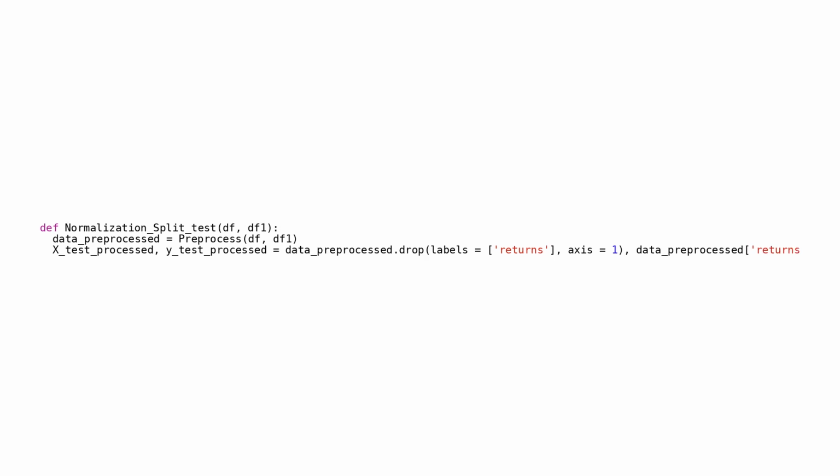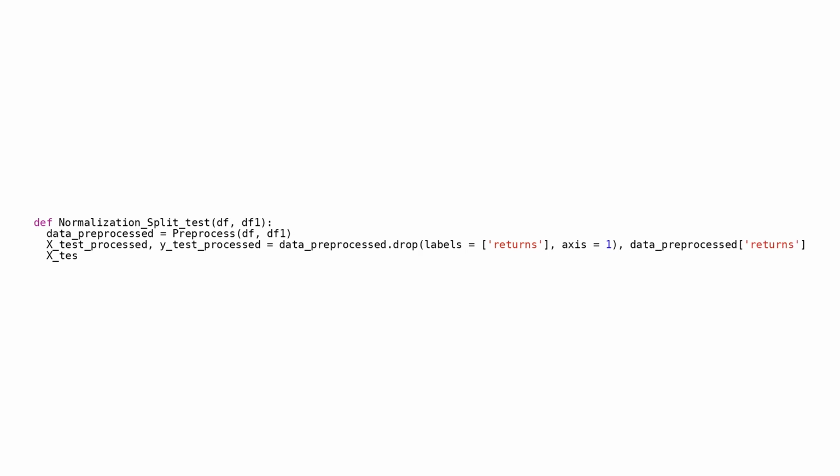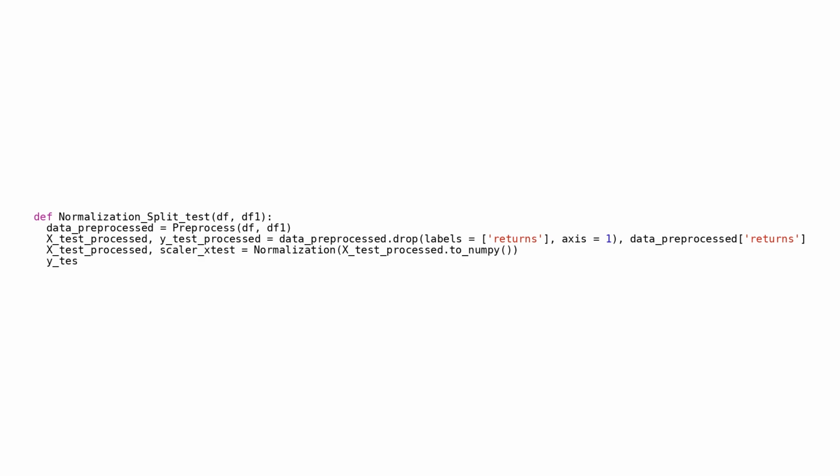To prepare the data for analysis, the feature data x_test_processed and target data y_test_processed are normalized using a normalization function. This process results in two outputs for both feature and target data: the normalized data itself, and a scaler, scaler_x_test for features, and scaler_y_test for targets.